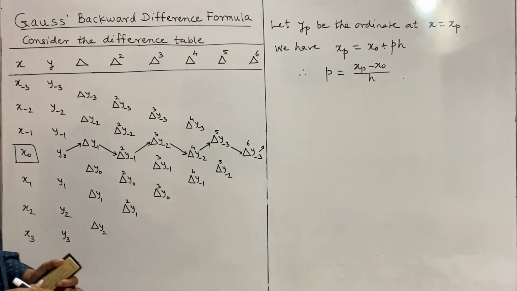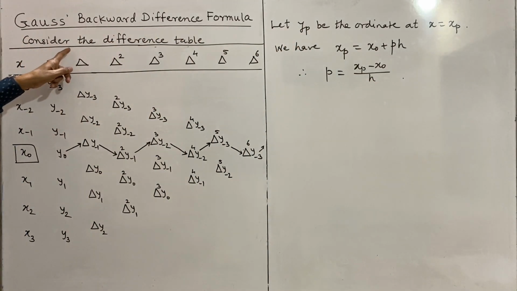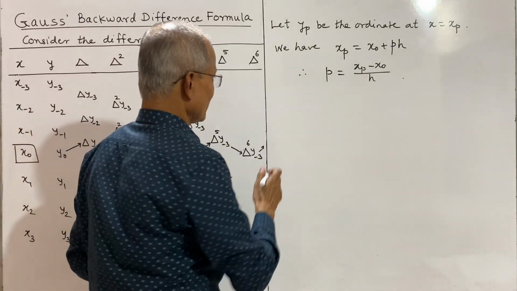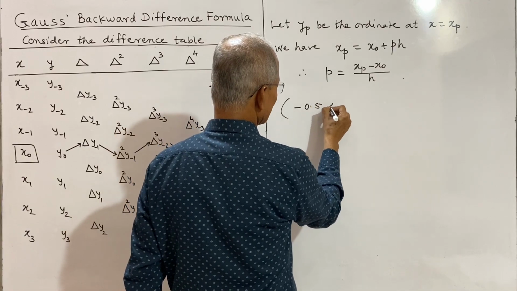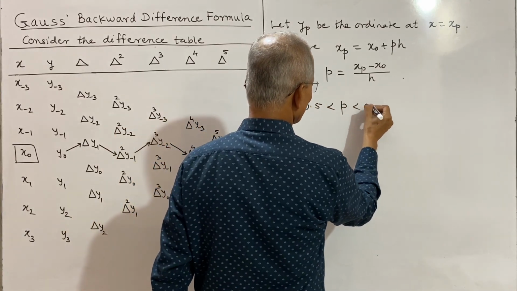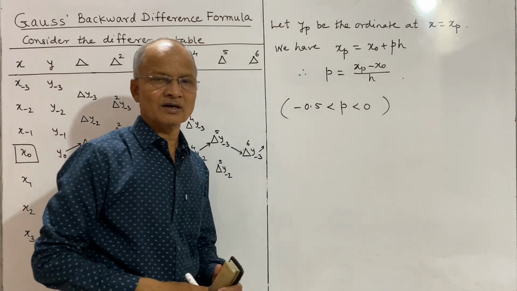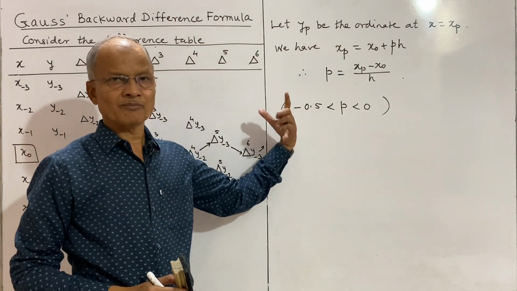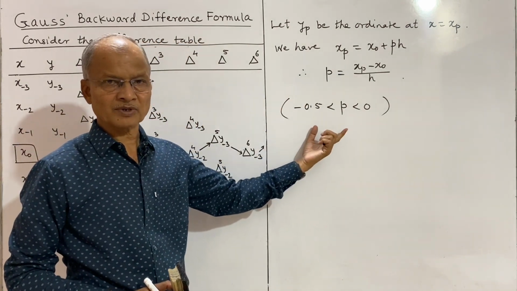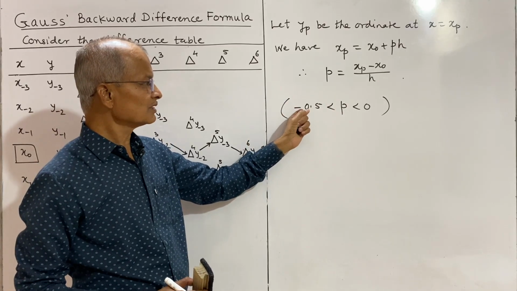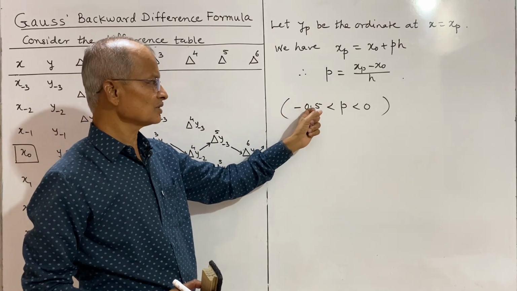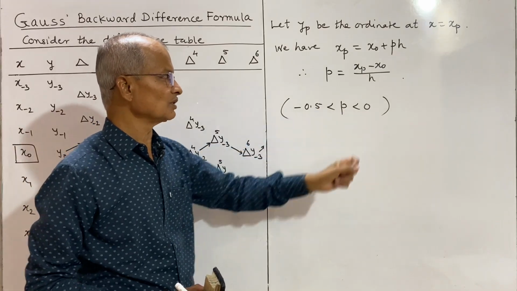Generally in Gauss backward difference formula, p should preferably be between minus 0.5 and 0, that is minus 0.5 less than p less than 0. It is not rigid or fixed. It may sometimes be taken positive, but usually we should consider the value of p between minus 0.5 and 0.